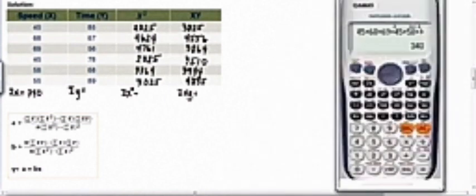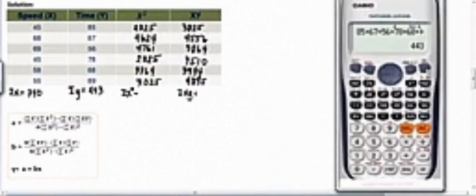So, 340. Next one, summation of y column. So, 85 plus 67, 56, 78, 68, 89. So, 443. Next one is the summation of x squared. So, 2025 plus 4624, 4761, 2025, 3364, and 3025.